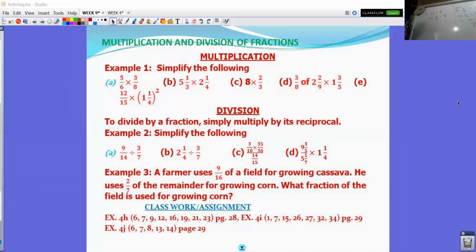So in this case, we can now change the division sign into multiplication, which is 9/4 times, as usual, the divisor, which is the 3/7, will reinvert. That will now be 7/3. So in this case, we have 9 times 7 divided by 4 times 3.